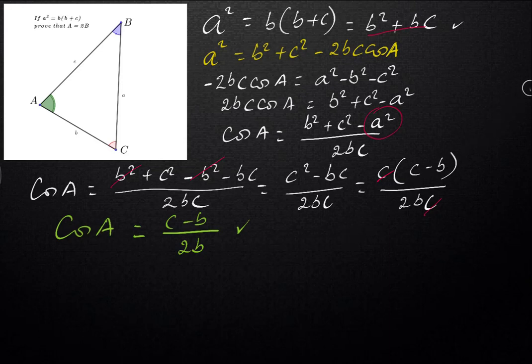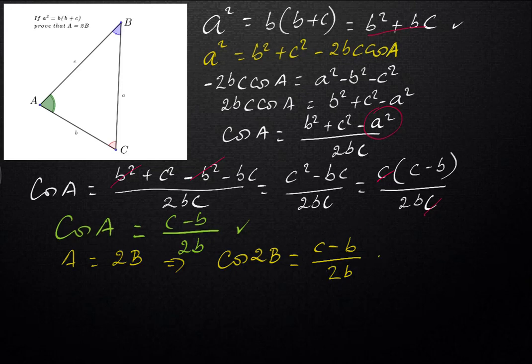We have to make sure that we find cosine of angle double B. So if A is equal to 2B, cosine 2B should be equal to the same value. So we have to prove that cosine 2B is equal to c minus b over 2b.